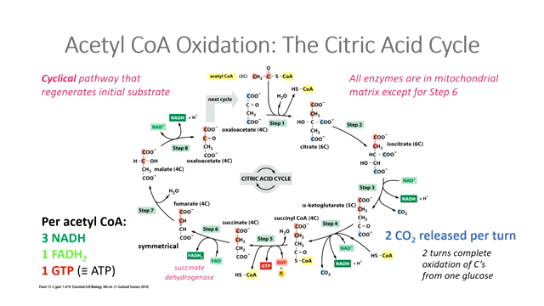But the big picture is that you're making lots and lots of reduced coenzymes here, NADH, FADH2, and you get these 4 reduced coenzymes for every single acetyl-CoA that you put through the citric acid cycle. And how many acetyl-CoAs did you get per glucose molecule? Can anybody do the math in their head?